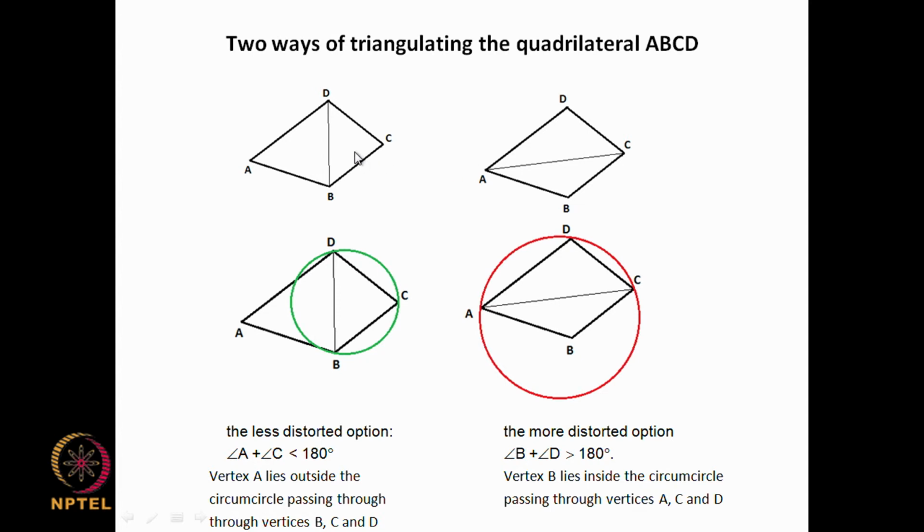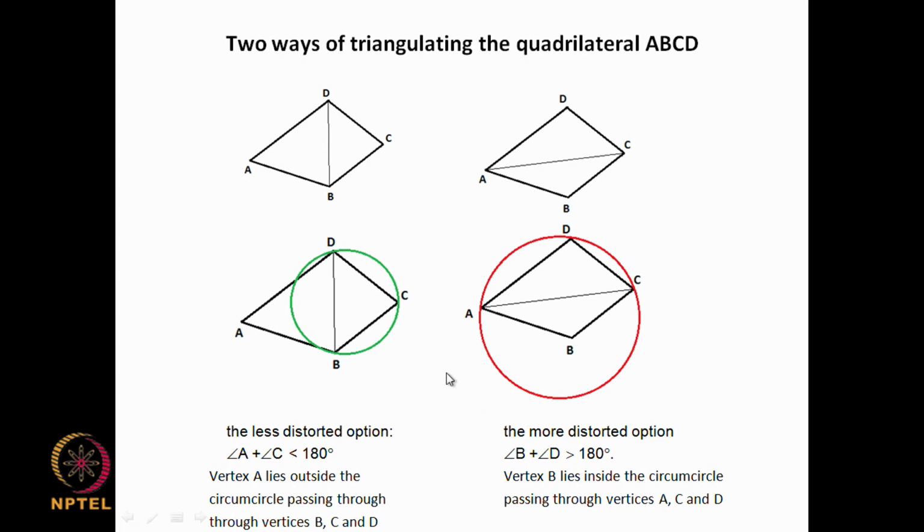One methodical way of finding this is that in this desirable way, you have angle A plus angle C less than 180 degrees. And if you join it like this, angle B and D, which are the other vertices which are not joined together, are greater than 180 degrees.